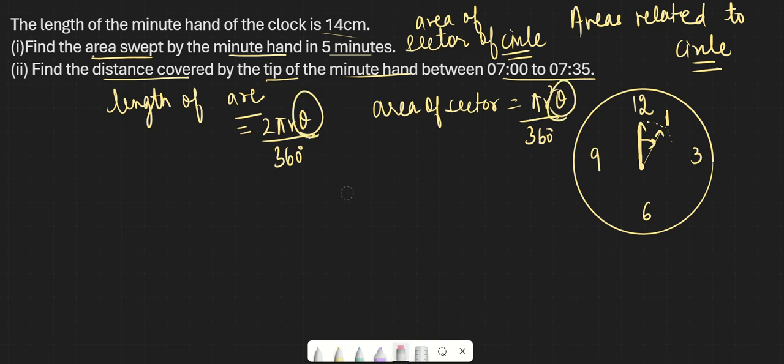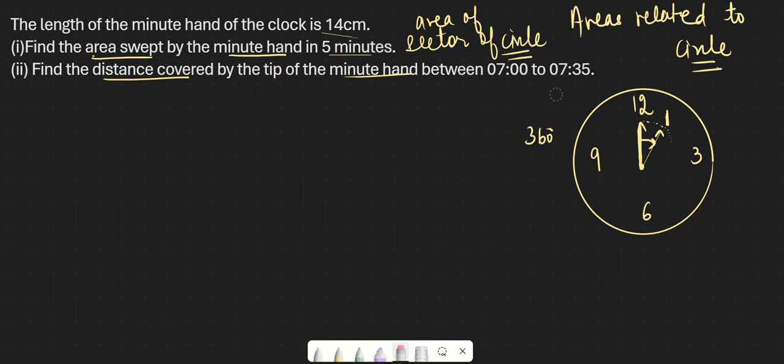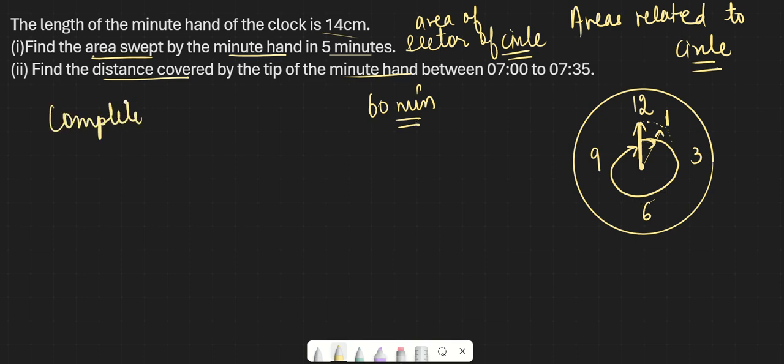So in this question, to find theta, we need to understand the concept of clocks and the movement of the minute hand. The minute hand starts from 12, goes in a clockwise movement and again has to come to 12. So if the minute hand moves from 12 to 12, it has covered a complete round distance in 60 minutes. And because I am finding the angle, I talk in terms of degrees. So the complete angle is 360 degrees.